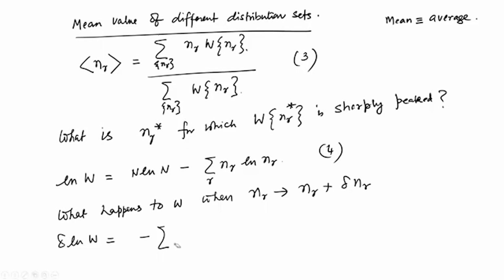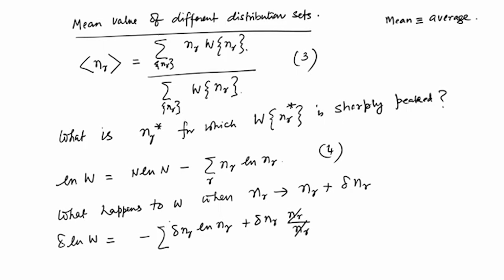We just take a small differential, keeping the differential of delta N_R times log of N_R, and then we keep delta N_R constant and take the derivative of log of N_R with respect to N_R, which gives us N_R times that.